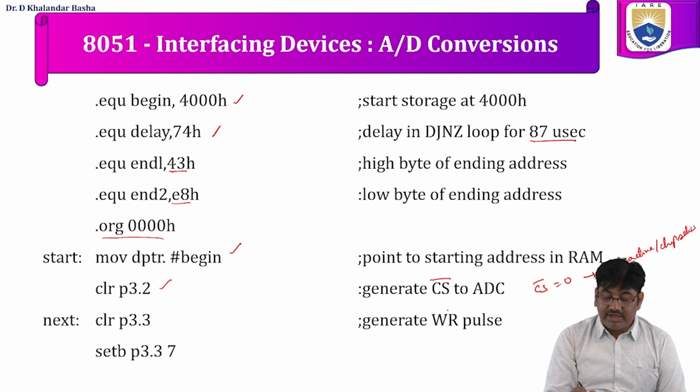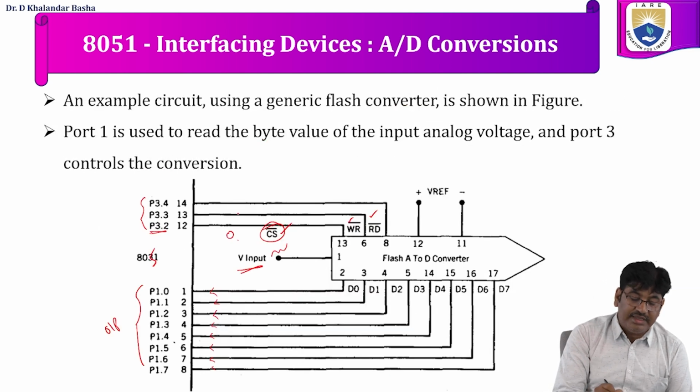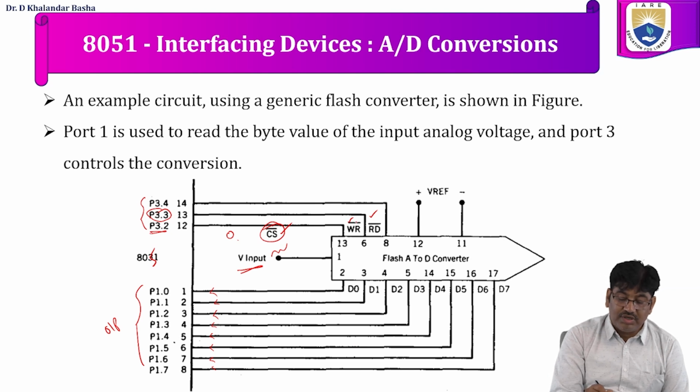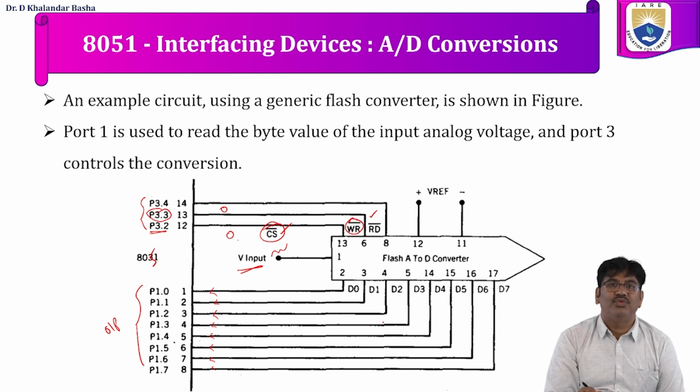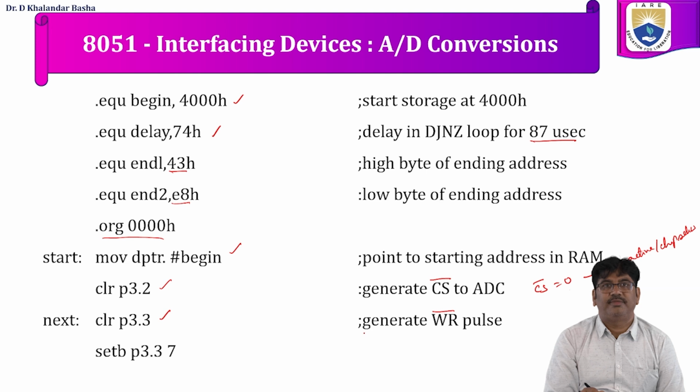Next, for generating the write pulse, if you observe, the write pulse is connected to P3.3. Here also, the write signal is an active low signal, so we have to pass the bit value 0 for P3.3. For that, we can use CLR P3.3.